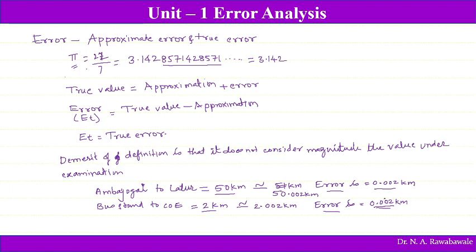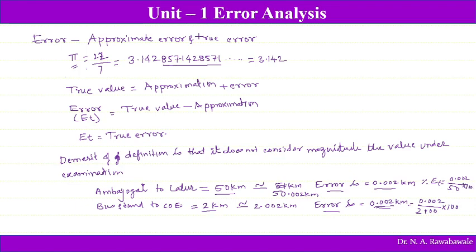So now if we find this error in percentage, the percentage error is 0.002 divided by the true value of 50 km, and here it is 0.002 divided by the true value of 2 km, into 100.